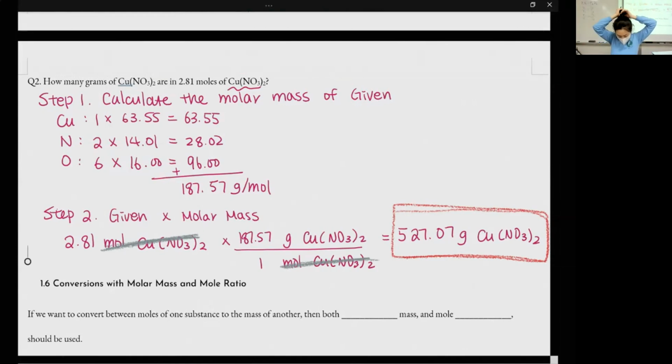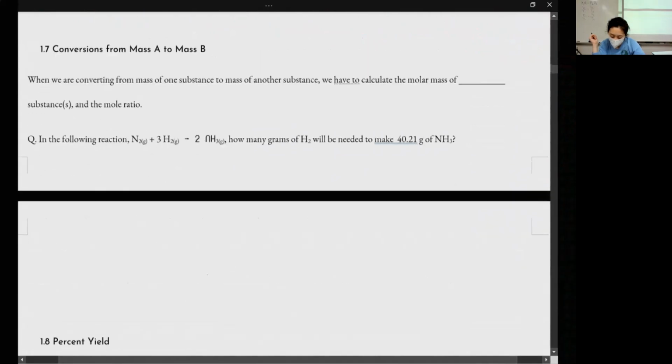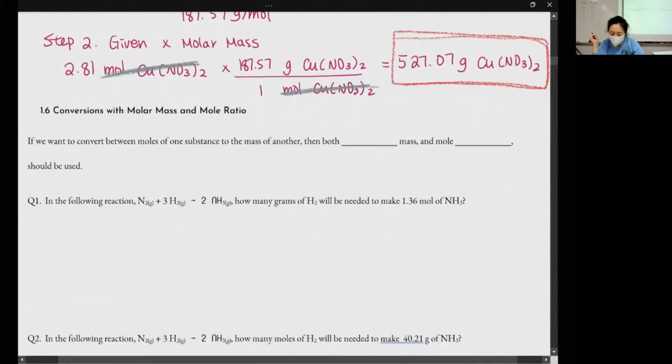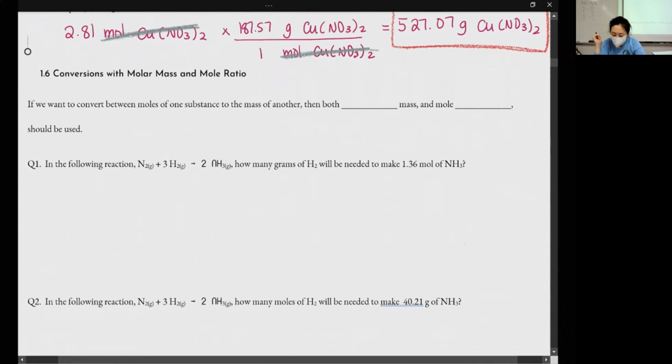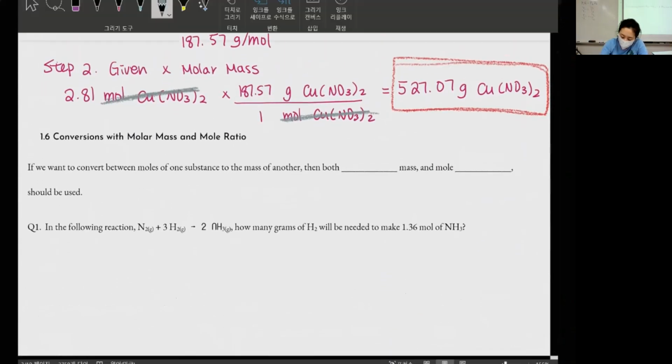All right, so that was 1.5. We need to go over 1.6 and 1.7, and that's where we're going to stop. Okay, I'll leave this up here for you to finish writing.